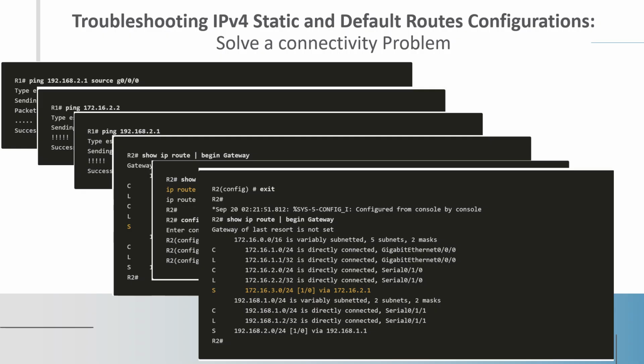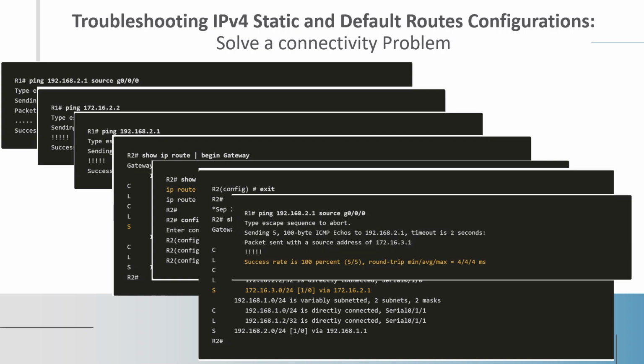The next step after we correct the configuration is to ping the remote LAN again. After we do the ping from router 1 sourced from GigabitEthernet 0/0, we see that now we can reach the LAN network of router 3.